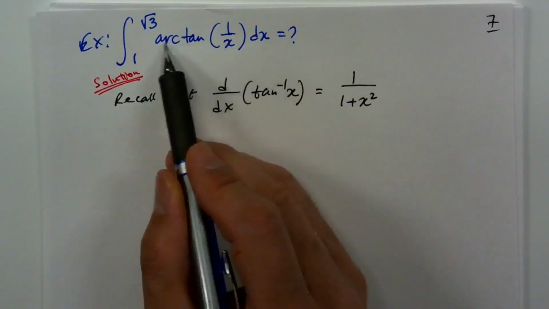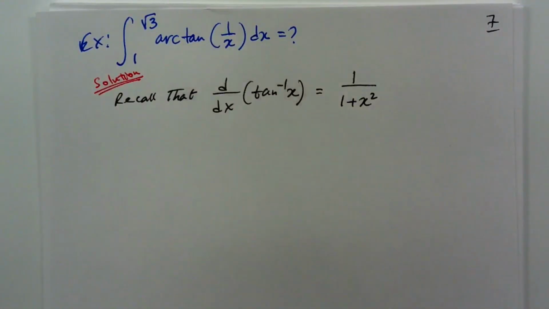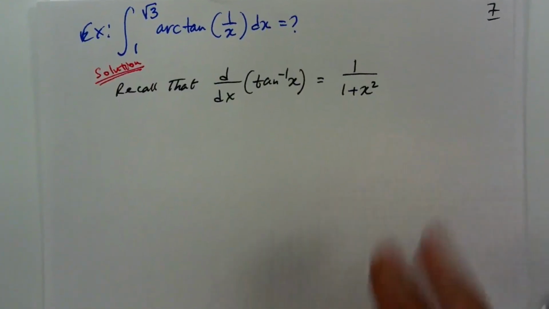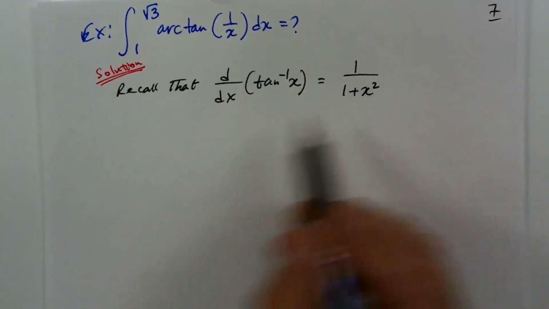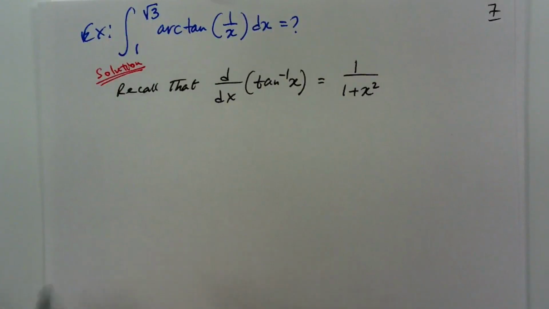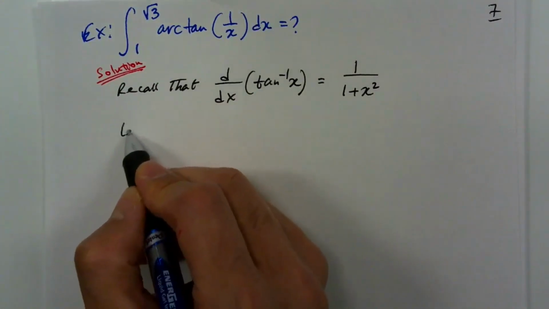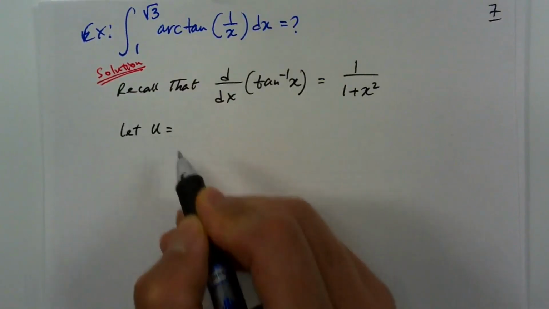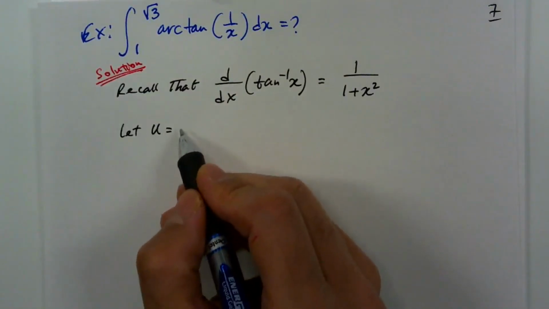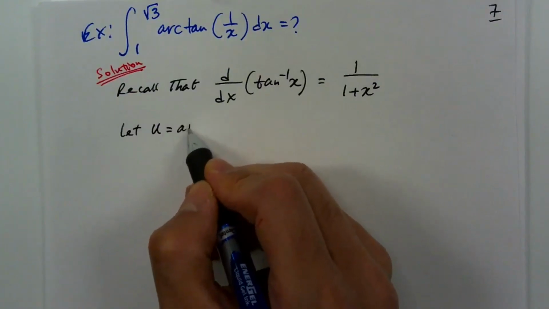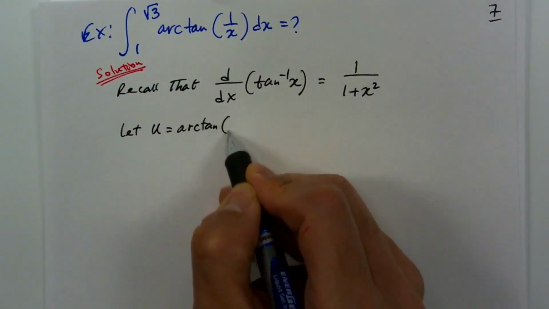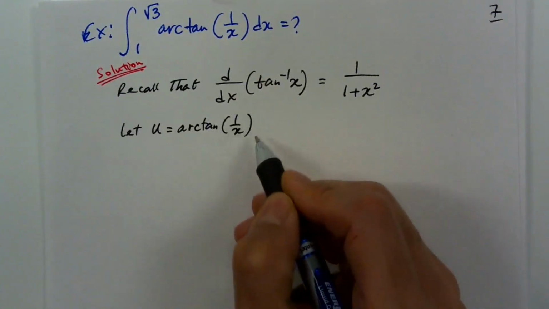If we take this as u, then we need to know the derivative of u, du. If you remember this, then we can easily calculate it. So let u be arctangent of 1 over x.